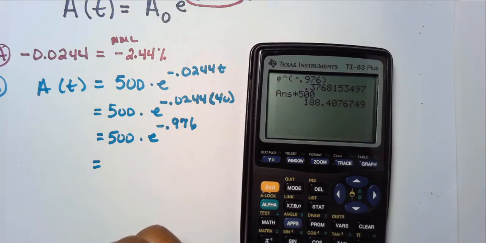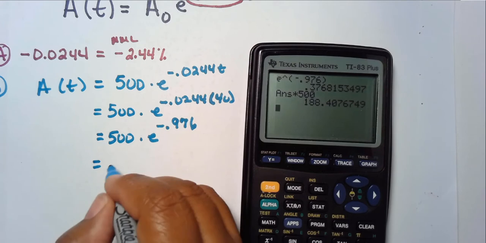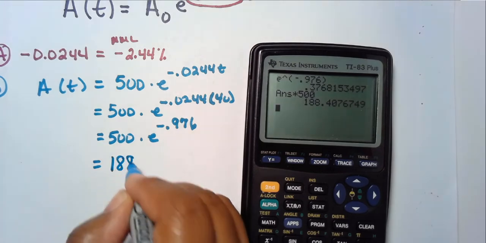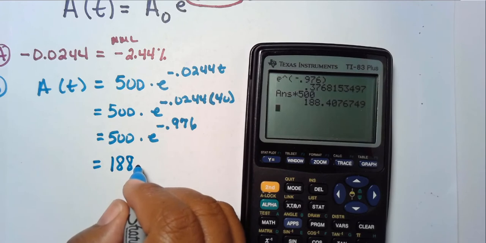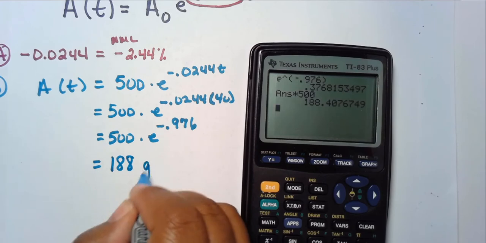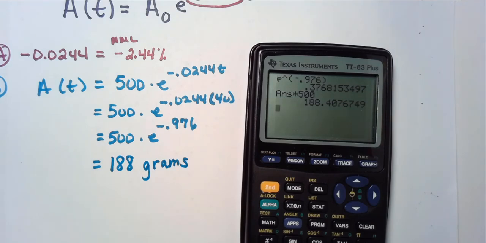And we're going to round to the nearest whole number. MyMathLab wants you to round to the nearest whole number. So we're going to round this off to 188 grams. Okay, that's how much you have left after 40 years. So that was example B.